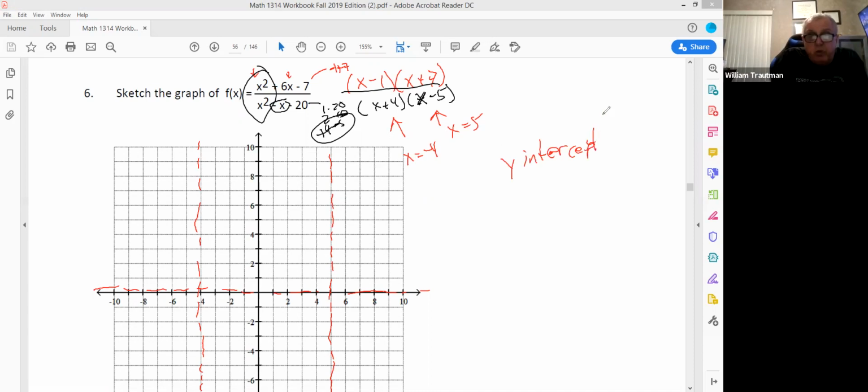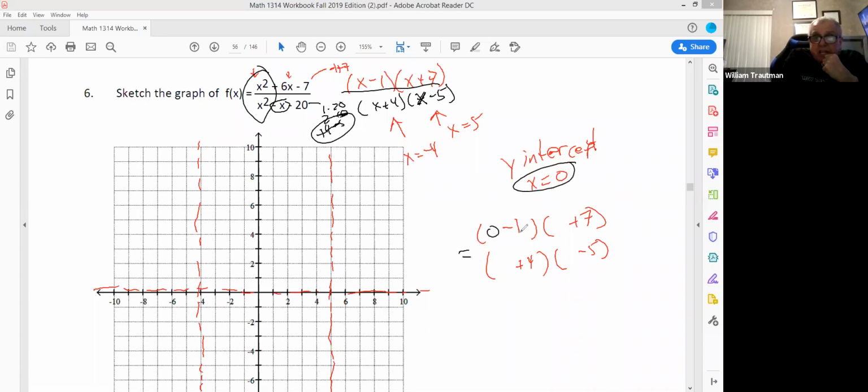We know where the Y-intercept is wherever x equals 0. So in the original problem, here's the original problem, factored, by the way. -1 and 7. If I put x equals 0, everywhere there's an x, I put a 0, I get -1 times +7, that's a -7.